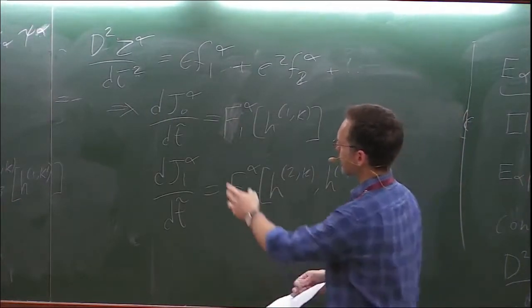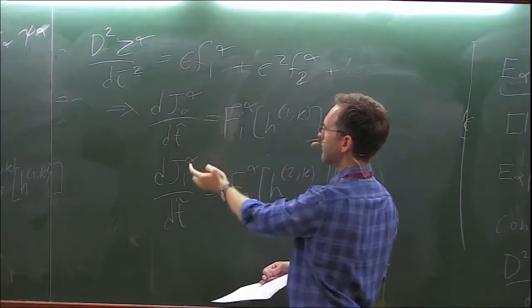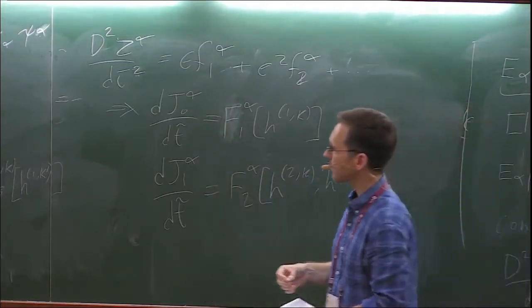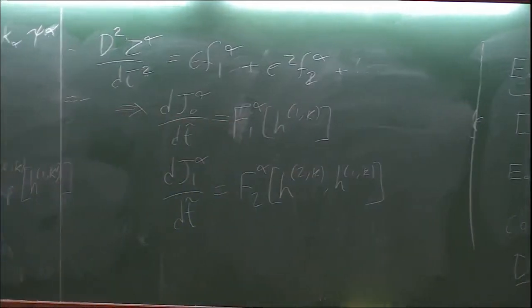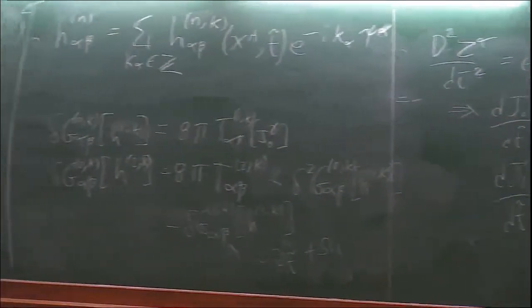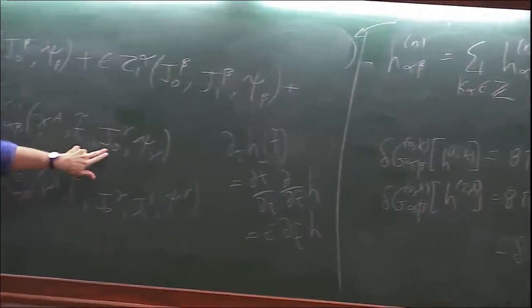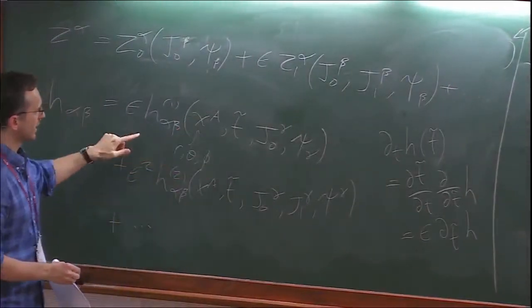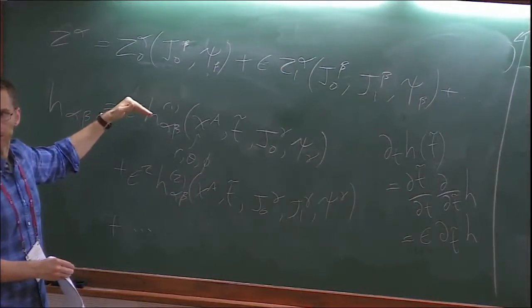So this tells you how to evolve from one slow time to the next. Because remember over here, my H1 depends on slow time through J0. So if I know how J0 evolves, I can then update to the next slow time.